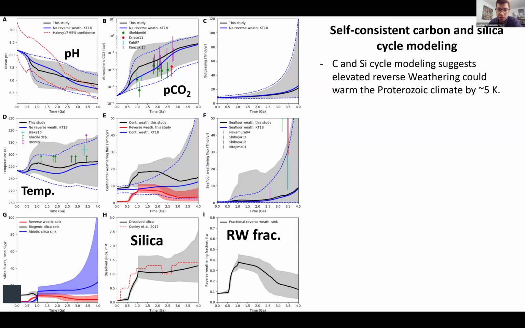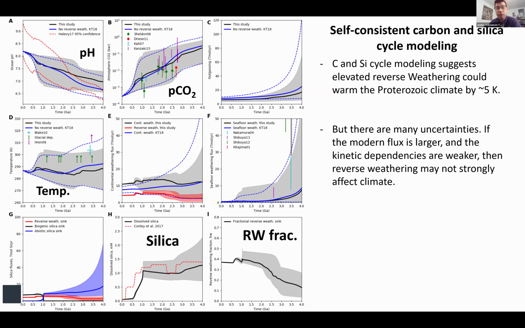So this is a tidy story, but unfortunately, this doesn't represent the true uncertainty in these processes. This is one particular case for some set of choices about the modern reverse weathering flux and the kinetic dependence of weathering, but you can make other seemingly equally plausible choices in those parameters and get a very different looking carbon cycle evolution.